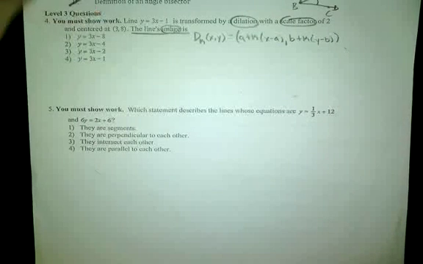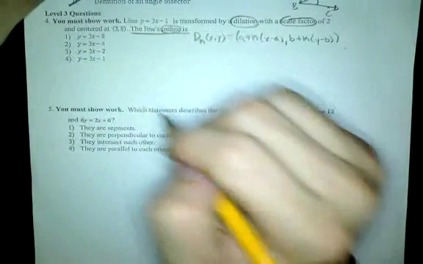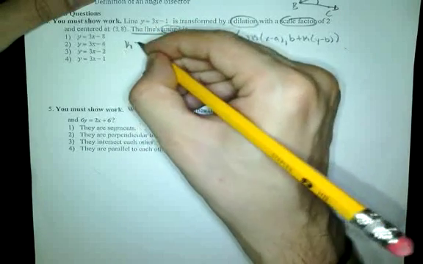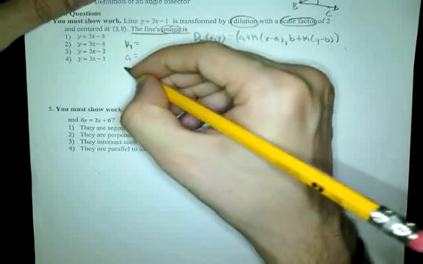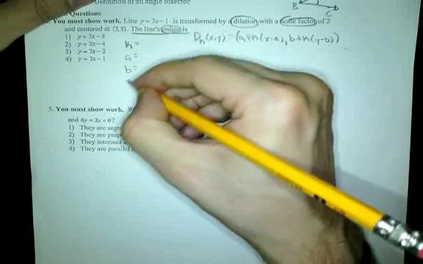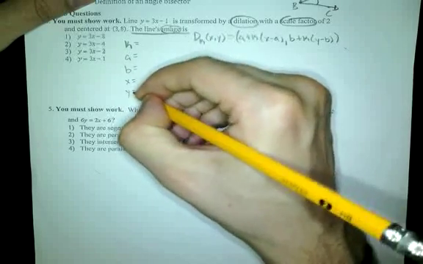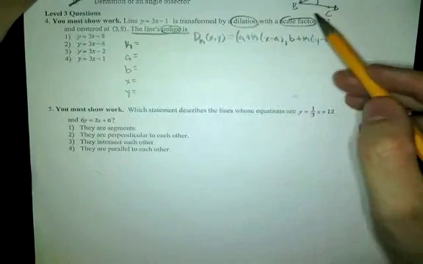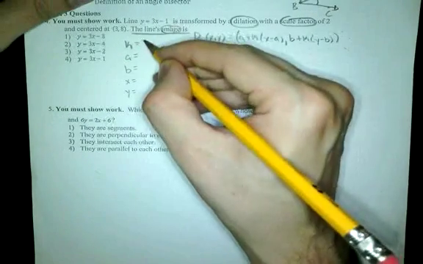What I'm going to do is first find out the values of k, a, b, x, and y. The value of k is my scale factor, which in this case is 2.